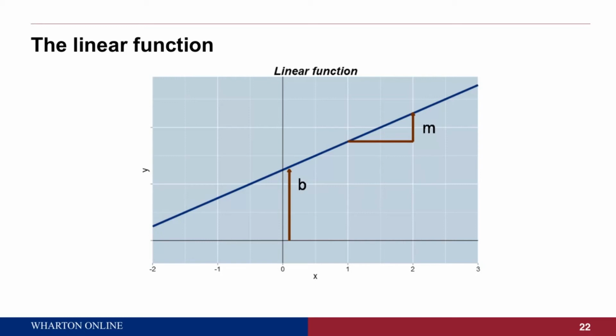So here's the equation for the straight line now. We're writing it as y equals mx plus b. X would be the input to the model, and y would be the output. And the 2 coefficients or parameters are b, as I said, the intercept, and m, the slope.